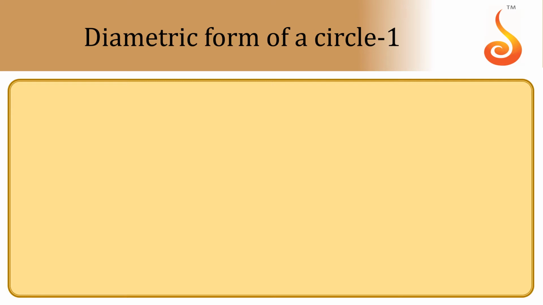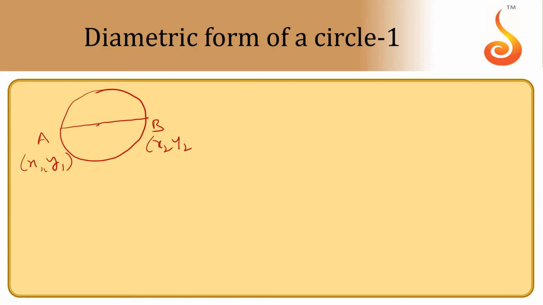Then the diametric form of a circle. So what is the diametric form of a circle? Suppose you have a circle, you have infinitely many diameters. Of that, one diameter's extremities x1 comma y1, x2 comma y2 are given. Then I want its equation, the circle equation. So let P(x, y) be a point on the circle.